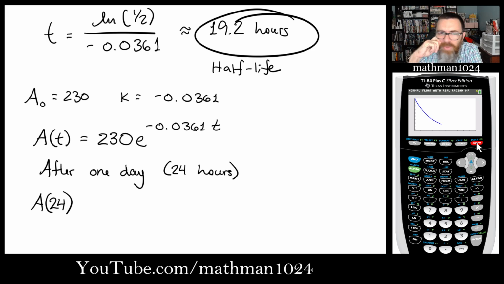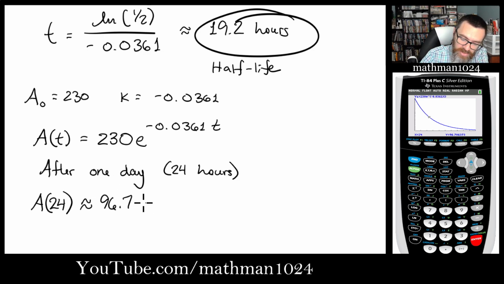Let's see what the graph looks like. Okay, doing exactly what we thought it would do. Now we're going to use this graph to do some checking. Let's trace. The problem we're doing right now wants to know what it is at 24 hours. It tells me that in 24 hours, we have approximately 96.7 grams remaining.